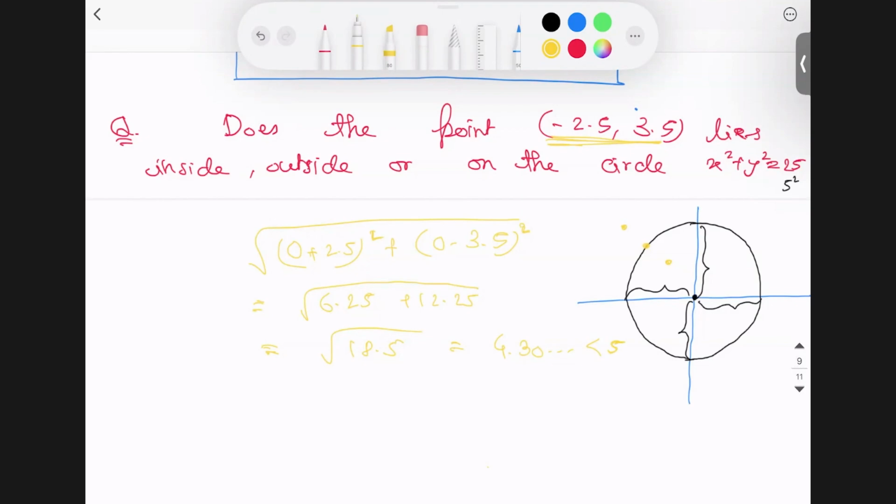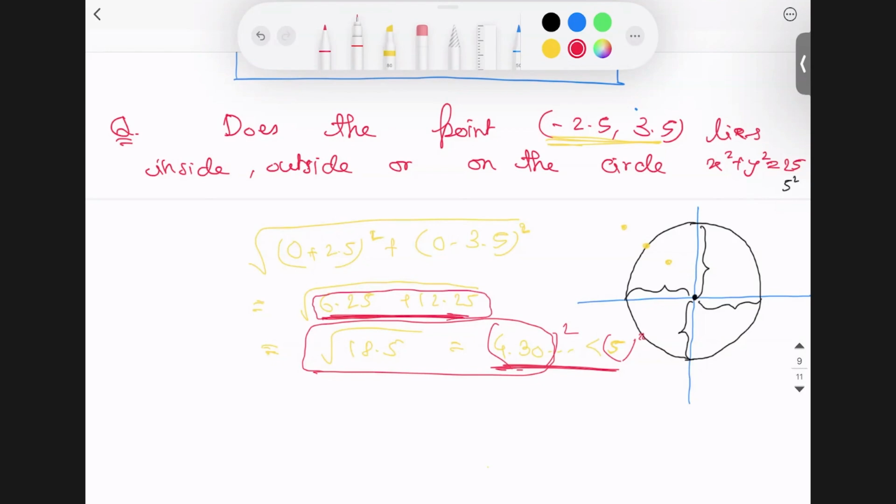Now one can think like this: if we don't know that the square root of 18.5 is 4.30, you don't need to take the square root. You can check whether this sum is less than 25 or not. This inequality implies that this square must be less than this square, and this square will be 25. So you can just find the sum by multiplying these things, and check whether this sum is less than 25.